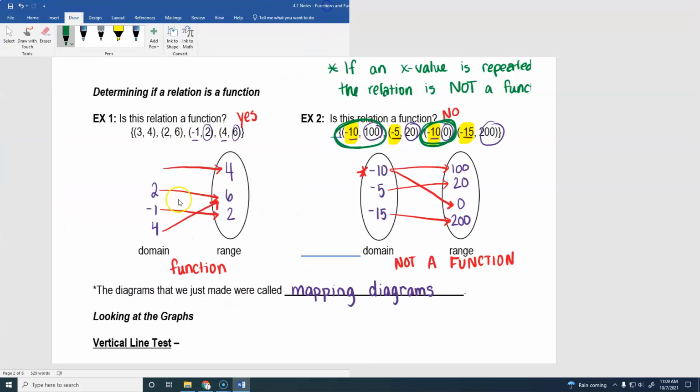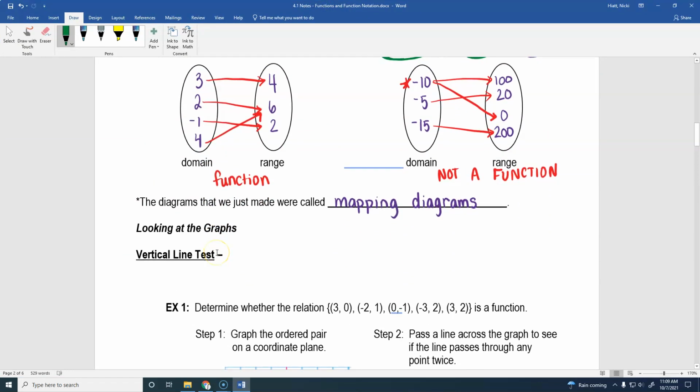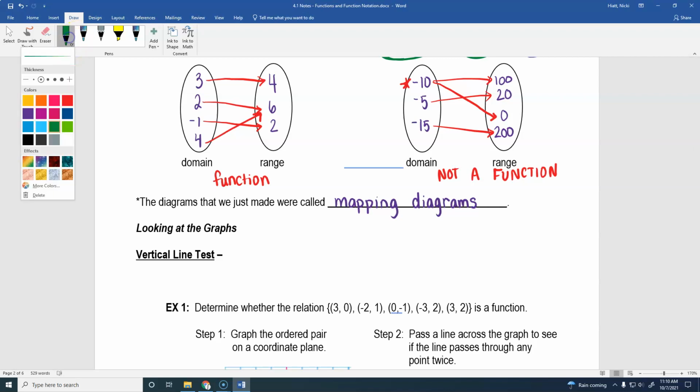So there is a really convenient test that we can use that will let us know if a relation is a function or not if we have its graph. Okay? It is called the vertical line test.